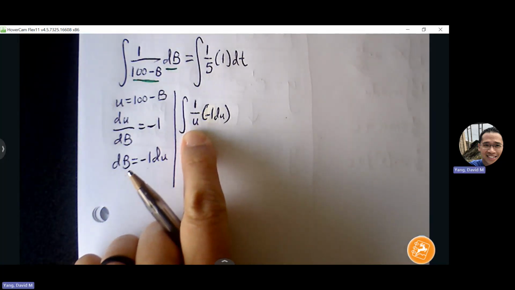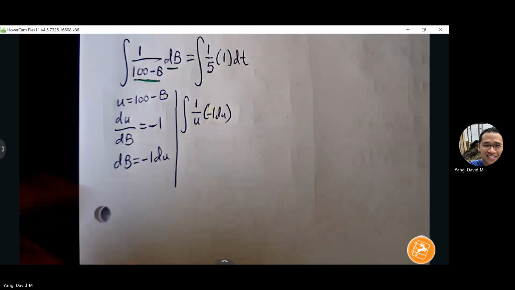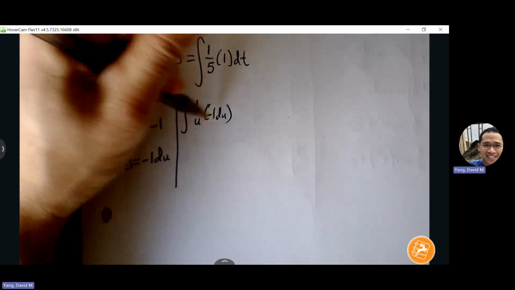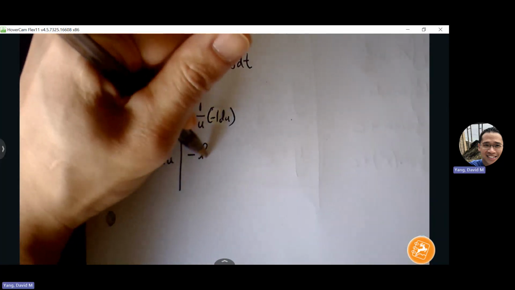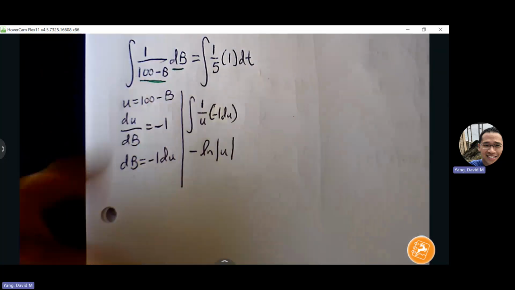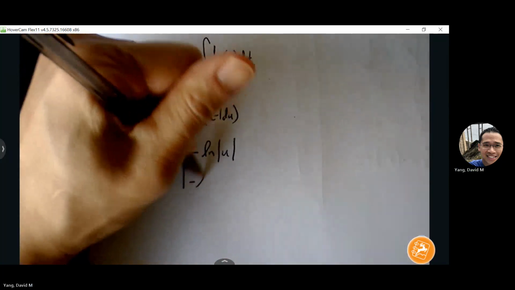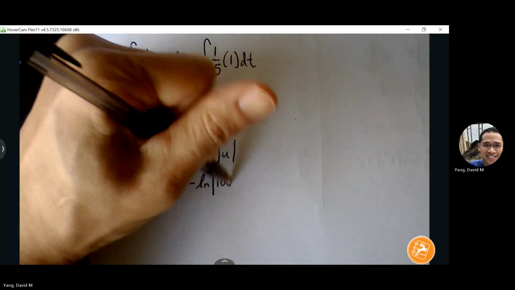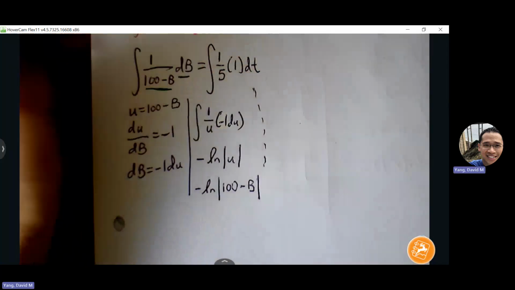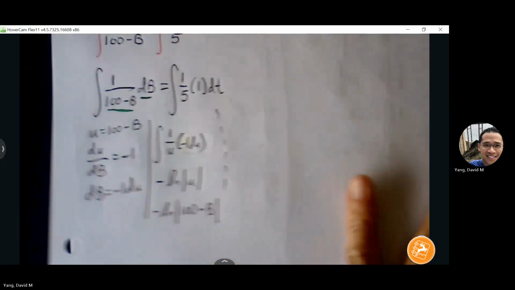So what's the integral of 1 over u du here? What's the rule for 1 over u? Natural log, with a negative in front. So negative natural log absolute value of u. Let's bring back the 100 minus b. Okay, so we have the left side complete.